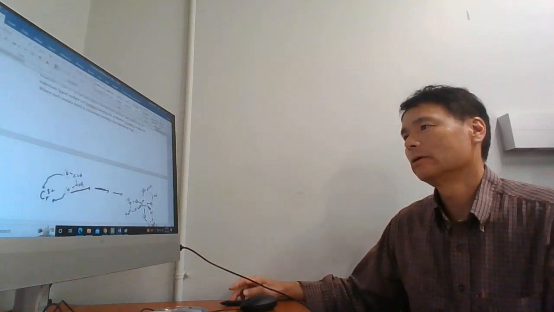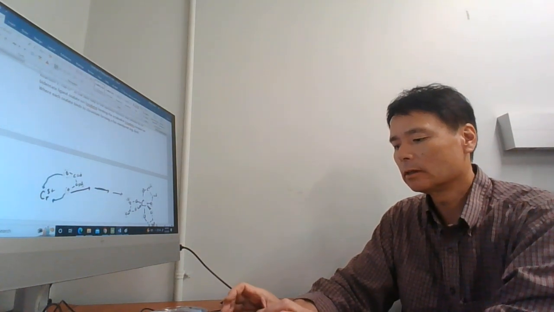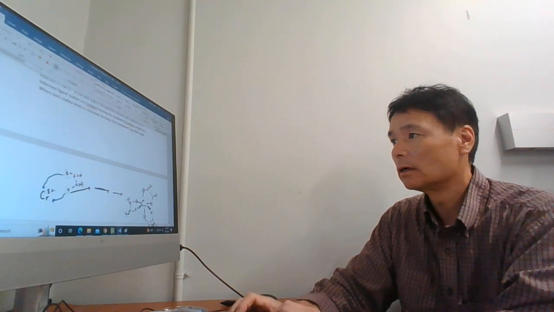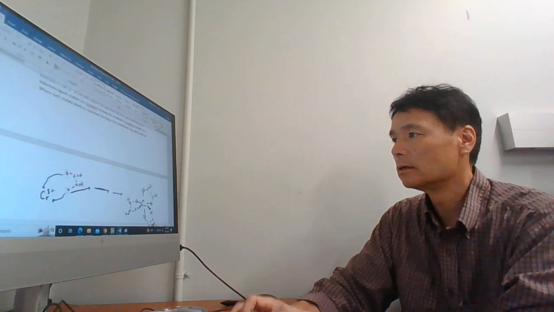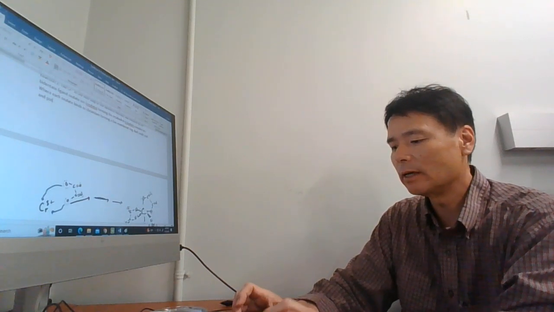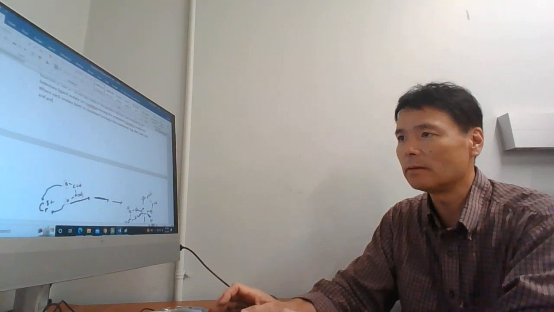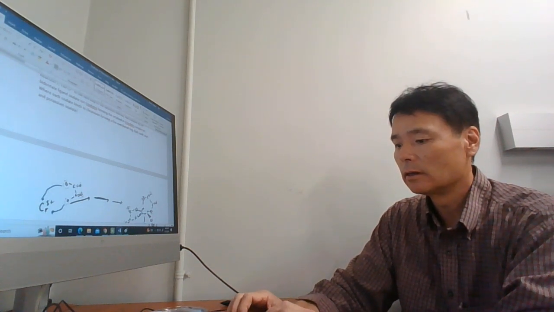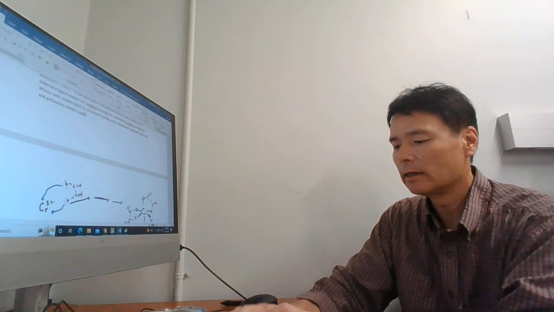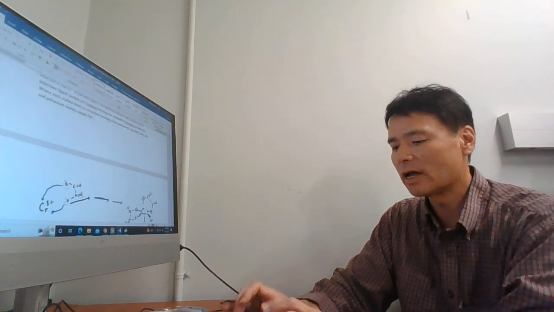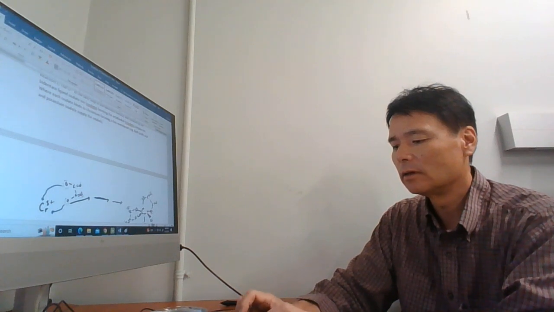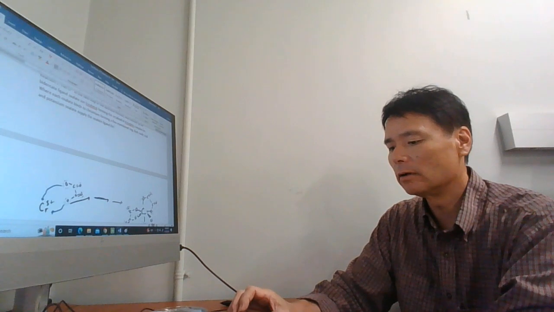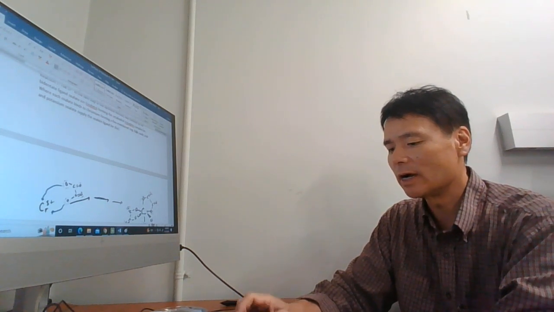Let me add one more sentence here. Both oxalic acid and potassium oxalate, not dichromate, potassium oxalate, supply the oxalato ligand for this Lewis acid base reaction.